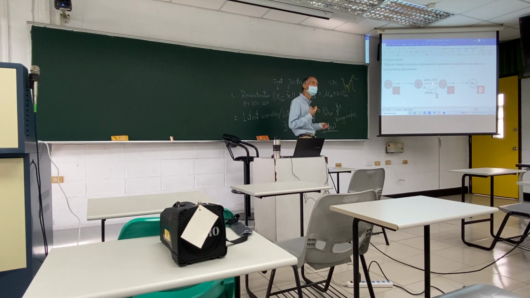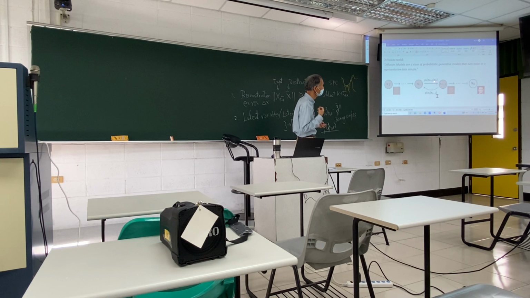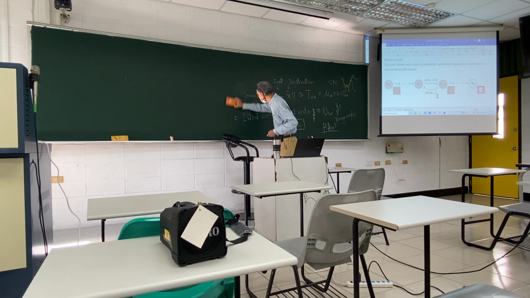It somehow looks like the VAE. When you put theta here, it means what? It's going to be represented and learned by a neural network. Now, given XT, we try to estimate what should be the output. In real application, it goes like this.